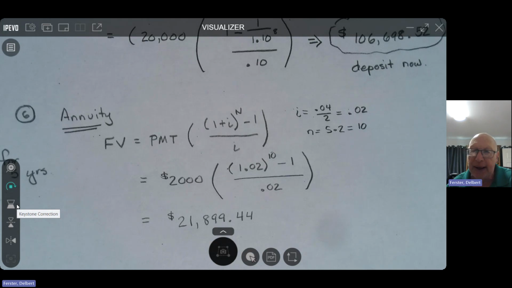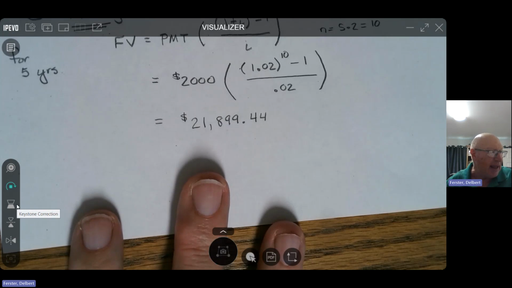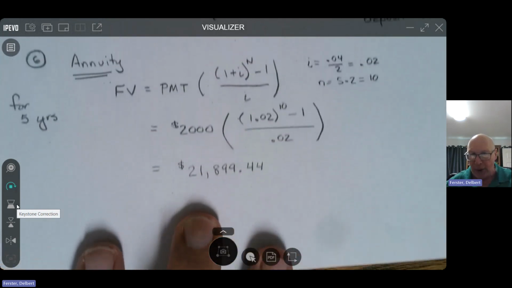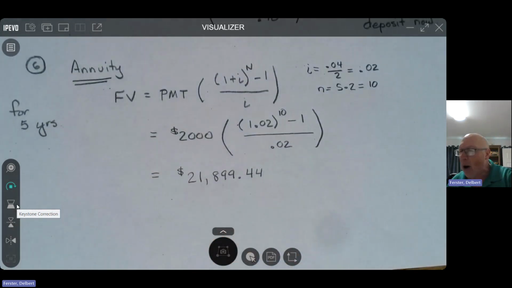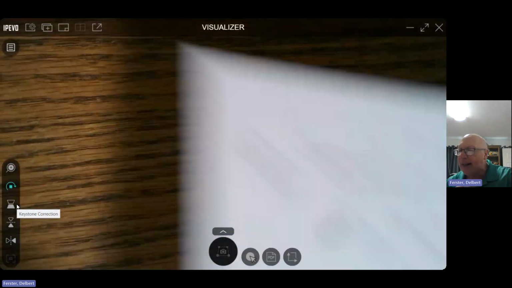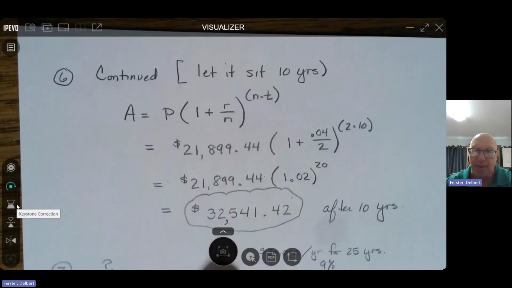Follow through, calculating 1.02 to the 10th, take away 1, divide that value by 0.02, take that end result and multiply it by 2,000, and you find that the annuity at the end of those 5 years is now worth $21,899.40. That's cool. But what he's going to do then is he's going to let that money sit, and it's going to compound. And the question we're going to have is, how much will he have after he lets the money sit for 10 years?